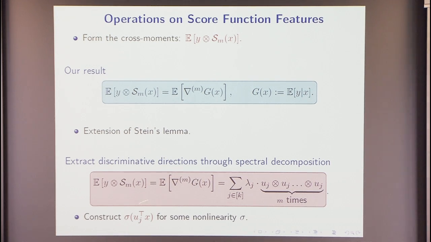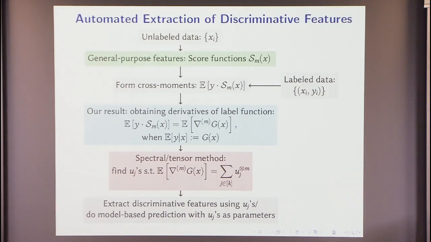In practice, with the model-free approach, we can project the input along these directions, apply some nonlinearity, and use them as features for classification. So that's the overall framework that we'll construct these score function features, and that requires only unlabeled data.